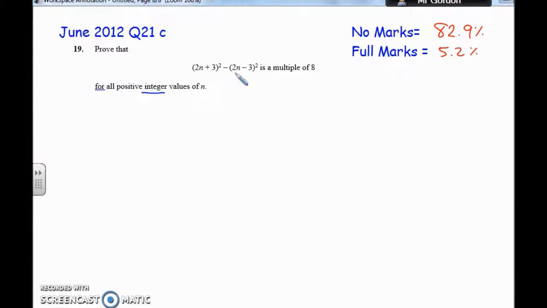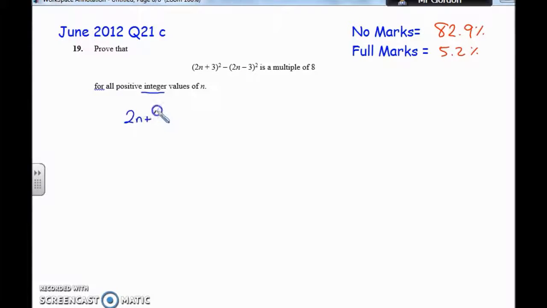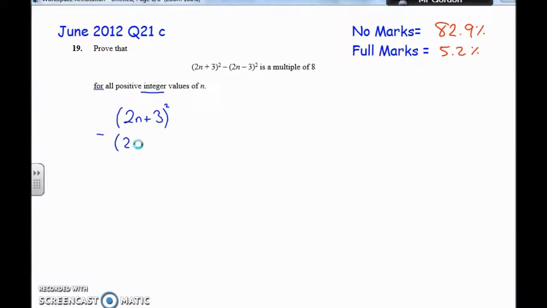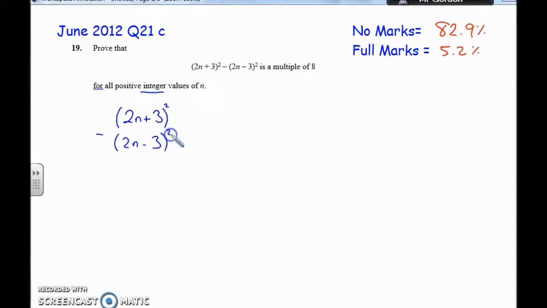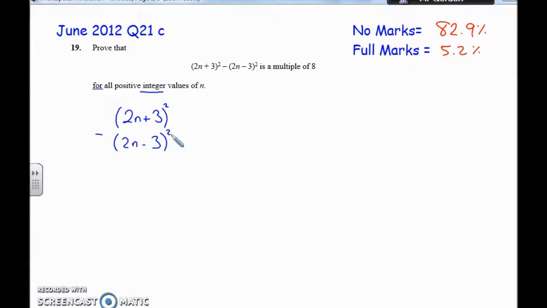What I like to do for these styles of questions is I like to set it out. So I've got the first bracket all squared, minus the second bracket, and I like to do it as almost like a column subtraction. You remember when you're doing your basic mathematics and you're just subtracting something, you have column addition and column subtraction. So I want to do it like that. So if we expand the brackets, what does this look like once we've expanded?